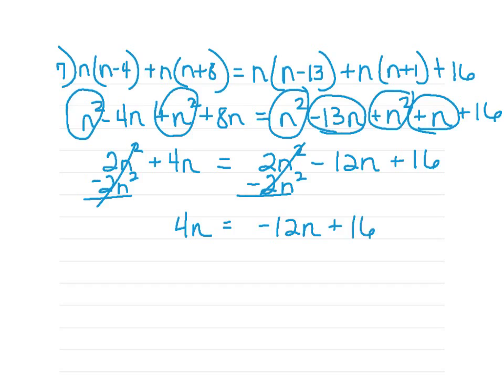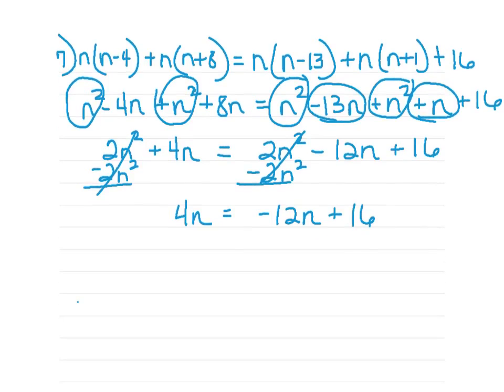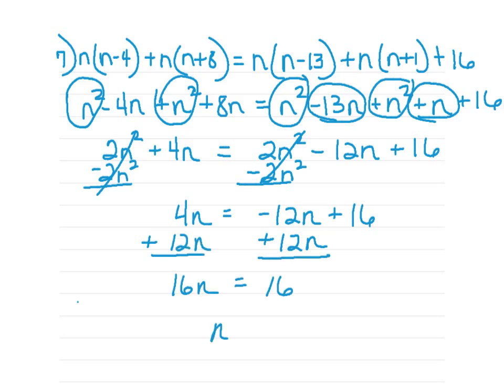Okay, in order to get n on one side of the equation, I need to eliminate the negative 12n by adding 12n. So let's do that. I have 16n is equal to 16, and as I divide both sides by 16, n is equal to 1.